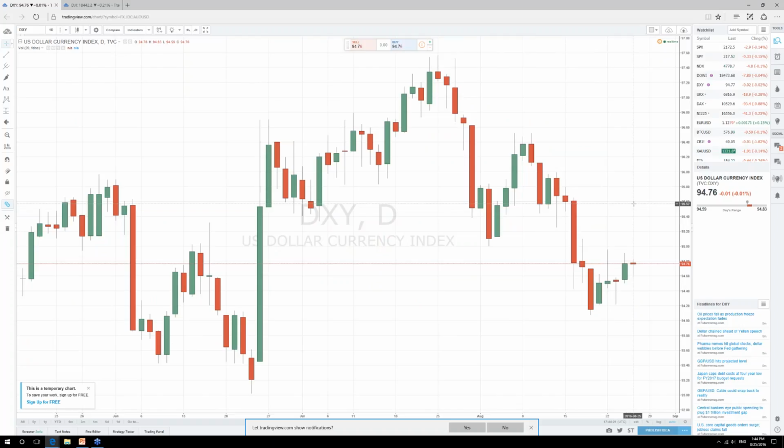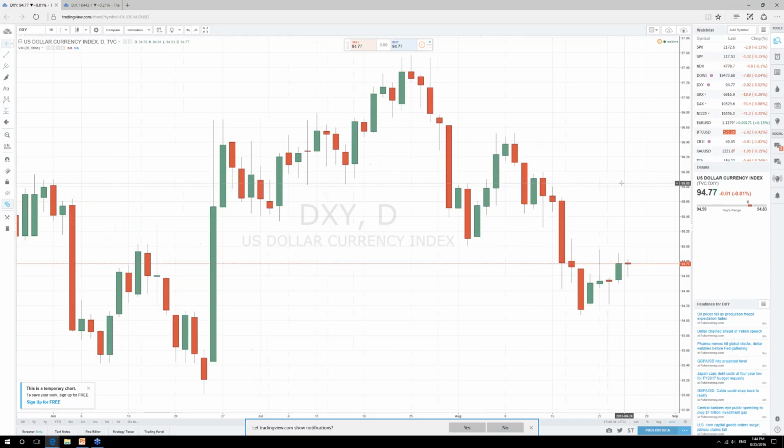So for those of you who want to trade the US dollar before the elections, I really do recommend that you have to obviously trade it versus another currency. So I do recommend that you put your analysis before November on the cross currency and the economy of that country.